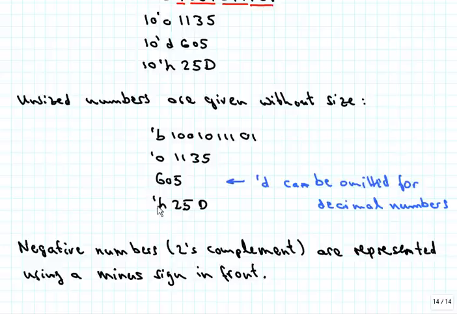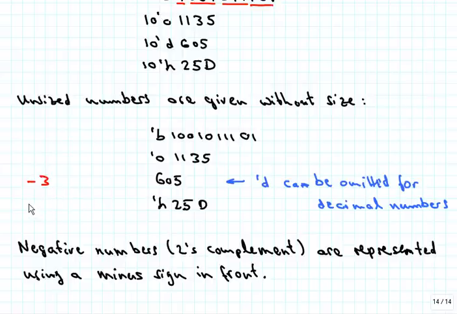Negative numbers in 2's complement are represented using a minus sign in front. So if we wanted to make a -3, for example, we could just simply write -3 in decimal, or we could write minus, let's say we wanted to make this a 4-bit number.